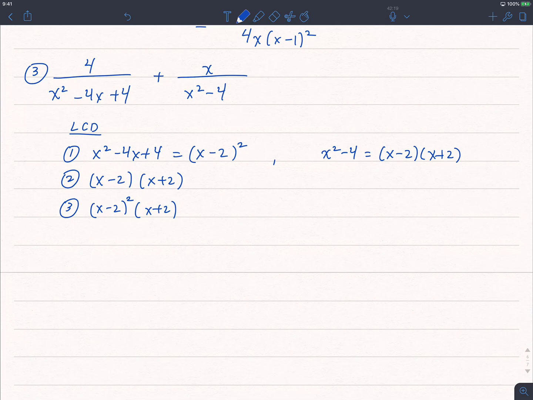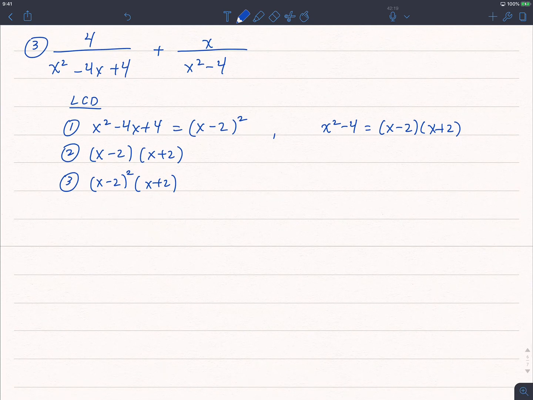So it looks like we're going to have to change both fractions. The first fraction is missing... So this is the first fraction. I'm going to write it in the denominator in factored form. It is missing an x plus 2.